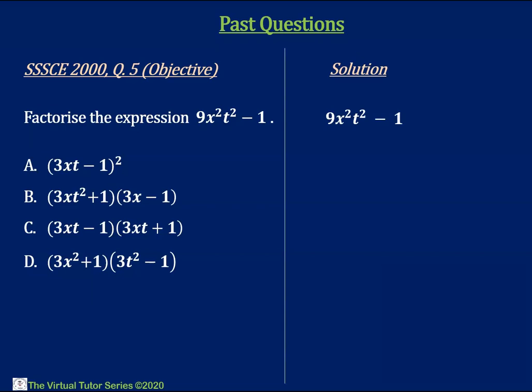So the expression can be rewritten as (3xt)² - 1. This is a difference of two squares and can be factorized as (3xt - 1)(3xt + 1). Therefore, the correct answer is option C.